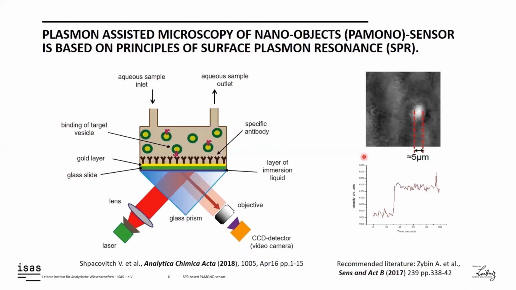It is easier to change a glass plate coated with thin film than to change a prism. And you will be able to see these gold chips as well as the general optical setup of the PAMONO-sensor in the next movie.